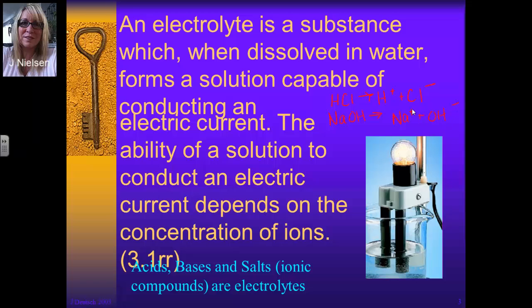I now have charged ions. And if I have NaNO3, which is basically a salt, it will dissociate into Na+ and NO3-. As long as I have ions in solution, I have the ability to conduct electricity.